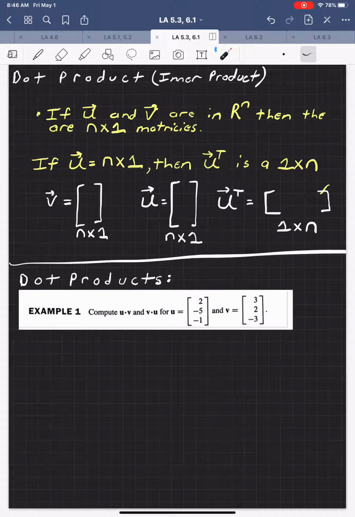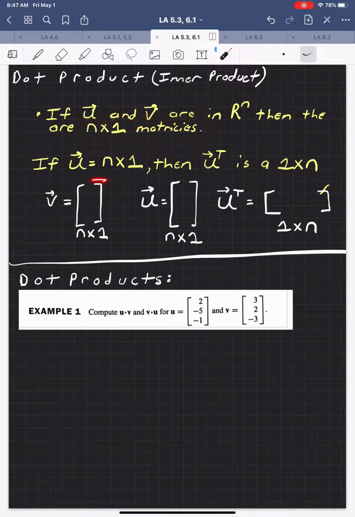Well, look, if you have two vectors, u and v, now I don't know what dimension we are in, but it doesn't matter. If we are in some dimension Rn, we could be in R2 or R3, etc. But what we can say is, if vector u and vector v are in Rn, then vector v and vector u can be represented by some n by 1 matrix, right?